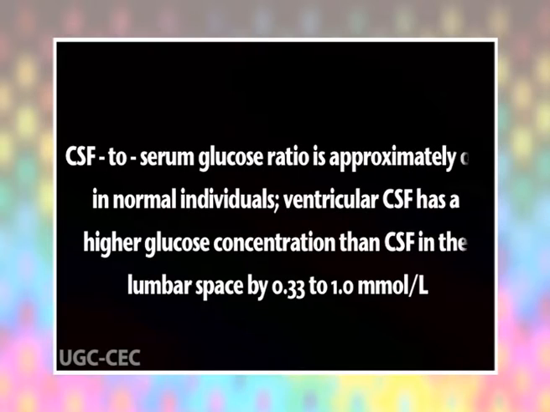As a result, it normally takes several hours for the serum glucose to equilibrate with the CSF glucose. The CSF to serum glucose ratio is approximately 0.6 in normal individuals. Ventricular CSF has a higher glucose concentration than CSF in the lumbar space by 0.33 to 1.0 mmol per liter.